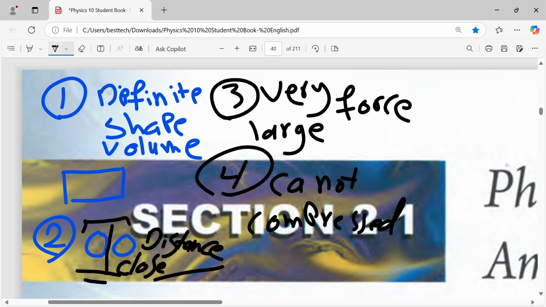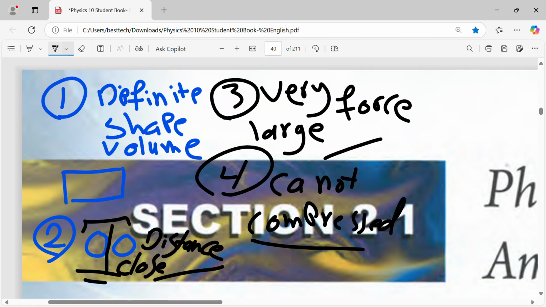There is no way we can even apply force or pressure on it. So first, the shape is clear; second, the distance between the molecules is small; because this distance is small, we have a very large force; and last, we cannot compress because the distance is small. This is about the properties of solid.